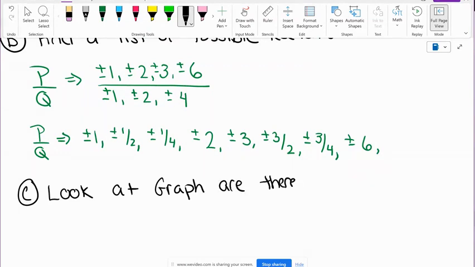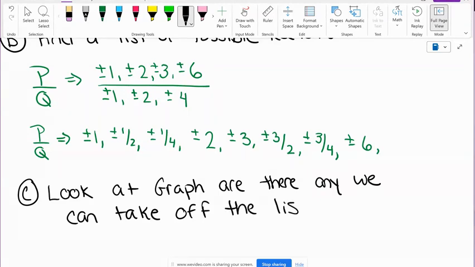Are there any we can take off the list right away? All right, I'll let you copy that and then I'll go back to the graph. Michael, do you want to tell me? Plus minus 6. Okay, good. Just let everybody finish copying and then we'll look at our graph together.